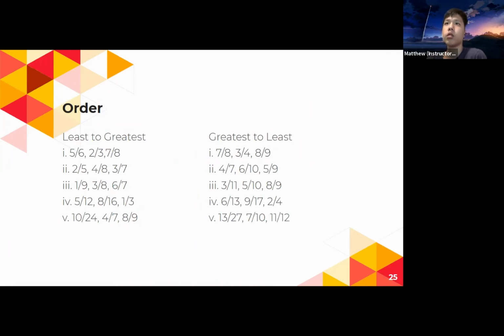What about ordering from least to greatest? Which number is the greatest? Which number is the second greatest? And which one is the least greatest?